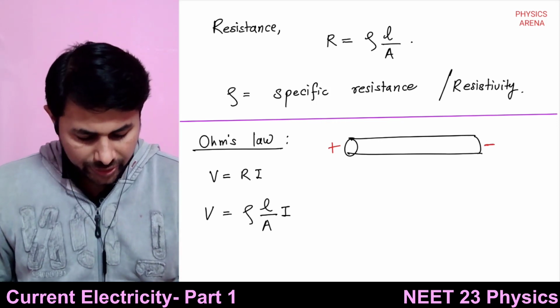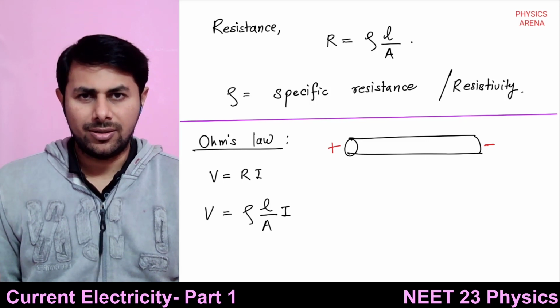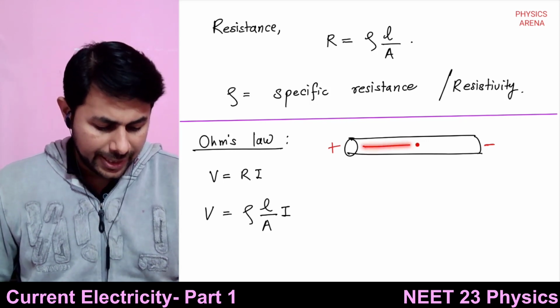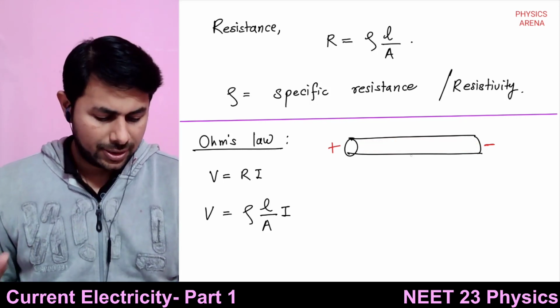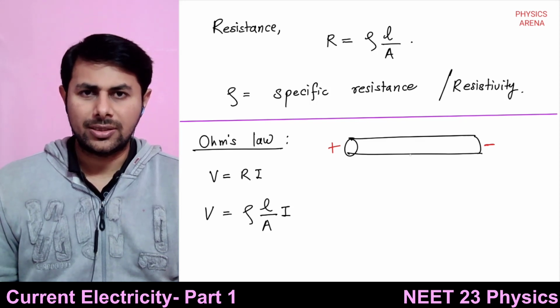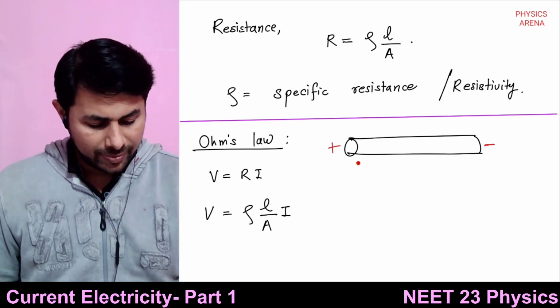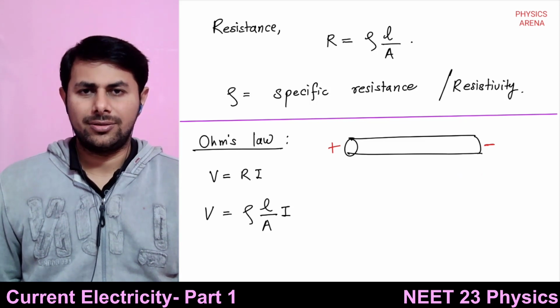that means you are applying some electric field, right? So if the electric field is constant, then the potential difference is equal to what? Electric field multiplied by this length.